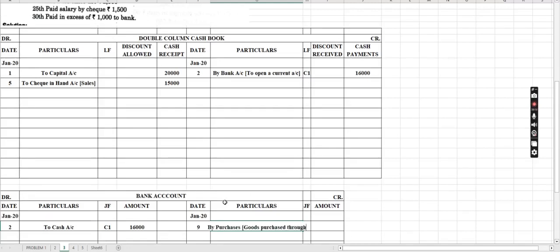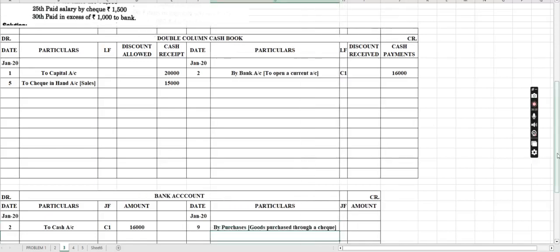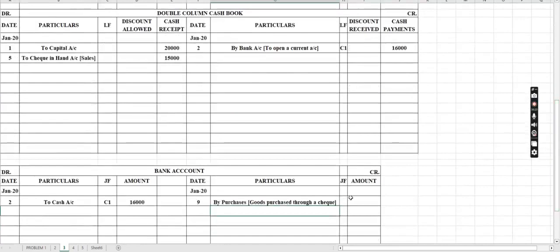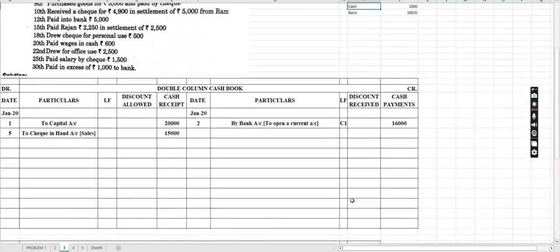Or you can say through a check also. Anything, however you understand, as per your knowledge. How much is the amount? 3,000 rupees. Done. Next.